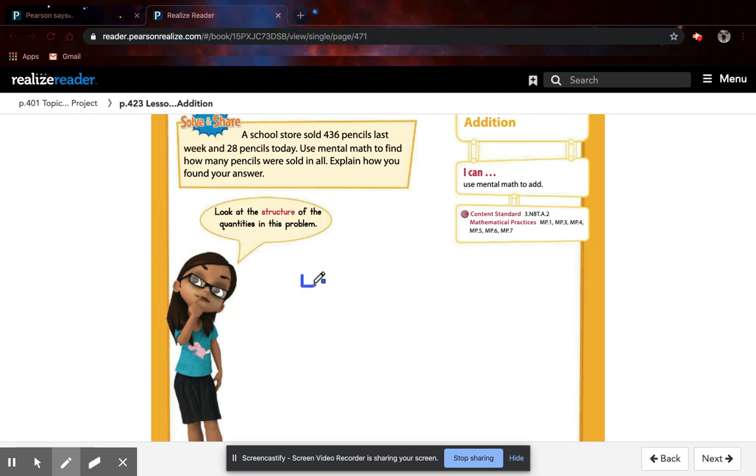So the school store sold 436 last week and 28 today. So we have to find out how many they sold in all. So I have to find out 436 plus 28. That's my problem that I need to figure out.